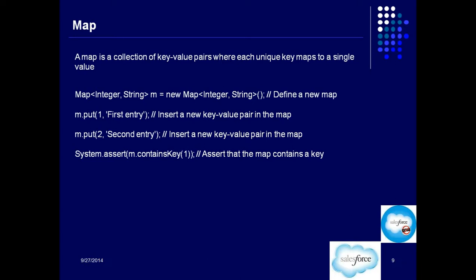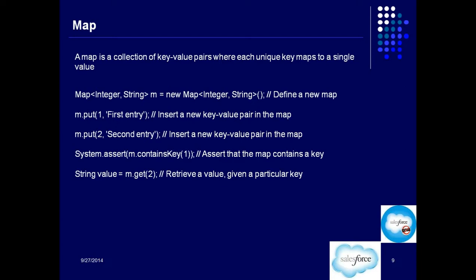System.assert contains key, m.get(2). So if you have to fetch the value based on the key, this is how you can do that, right? More like our list index number. In the list also we had a kind of mapping, and that was being done based on the index number.